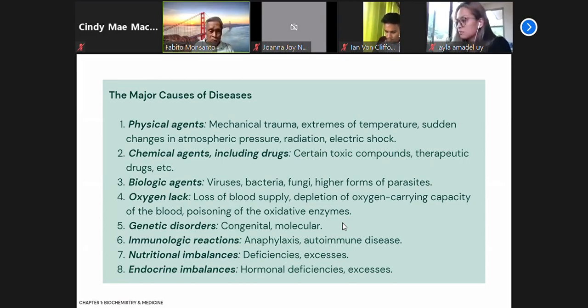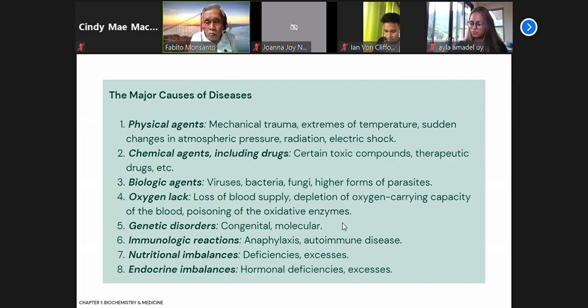And you have biologic agents, oxygen lack, genetic disorders, immunologic reactions, natural nutritional imbalances, and we have endocrine imbalances. Okay, physical agents, of course, trauma, extremes of temperature, sudden changes in atmospheric pressure.